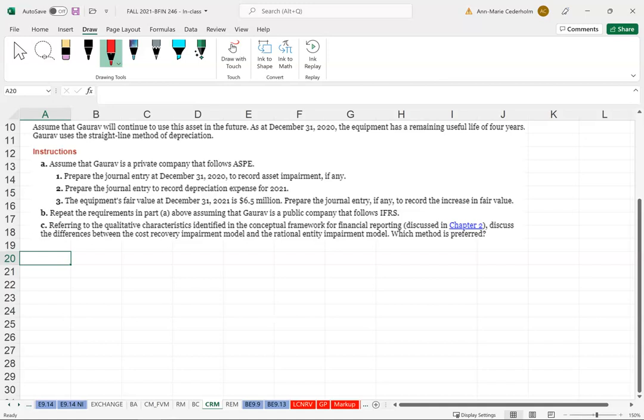So what I'll need to do is see if my carrying value is greater than my undiscounted future net cash flows.